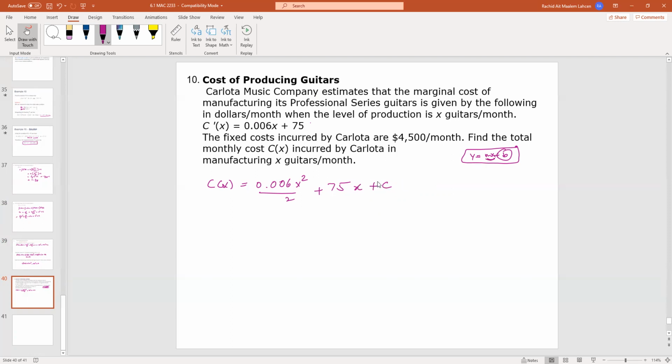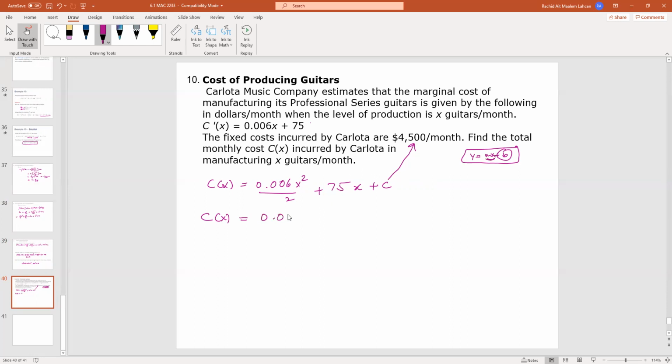So the fixed cost here is going to stand for this. At the beginning, there is a fixed cost of paying the dues, and that cost doesn't go away, and it's 4,500.